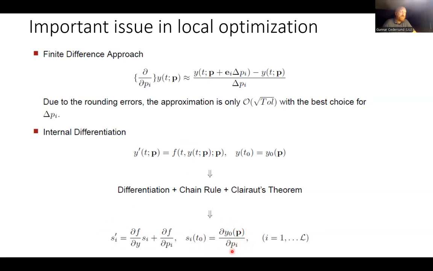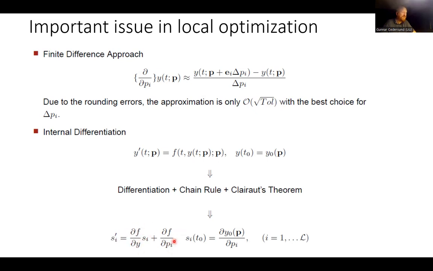So this derivative will become a new state that you have a differential equation for. So for each derivative here, you will have a new differential equation. So here you have a new x, if you want to, which you have the time derivative for, and it depends on itself.